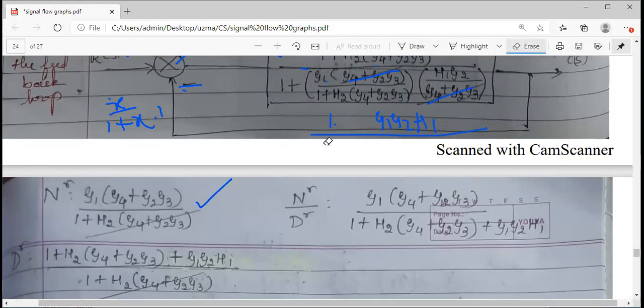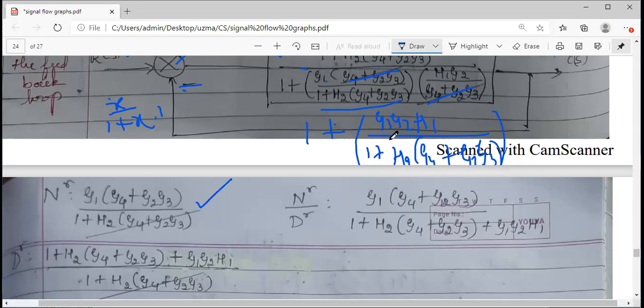It's not 1 plus like this, it is 1 plus like this, divided by this term, 1 plus H2 into bracket G4 plus G2 G3.